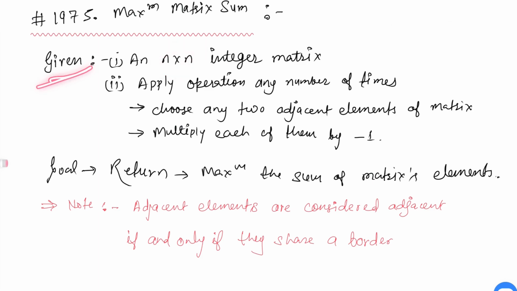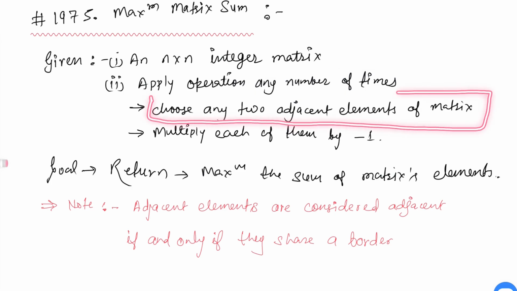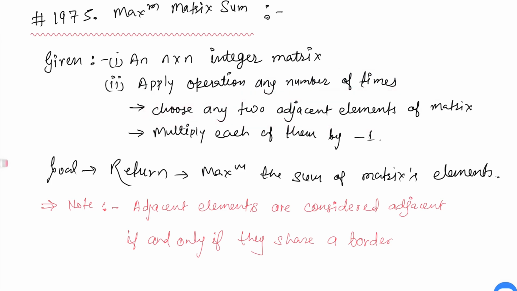I guess you know this thing. Now the question is saying apply operations any number of times. This means we have to choose adjacent elements of the matrix.